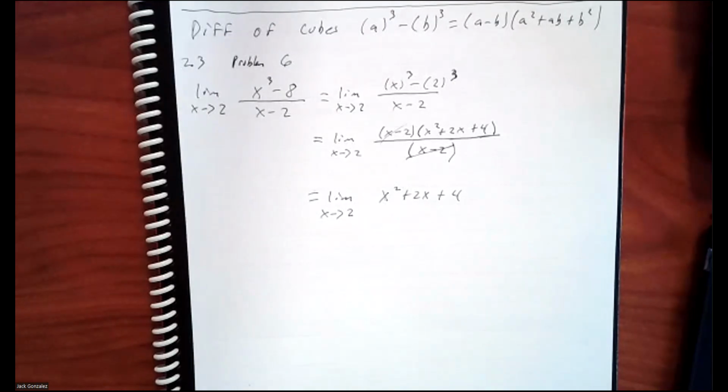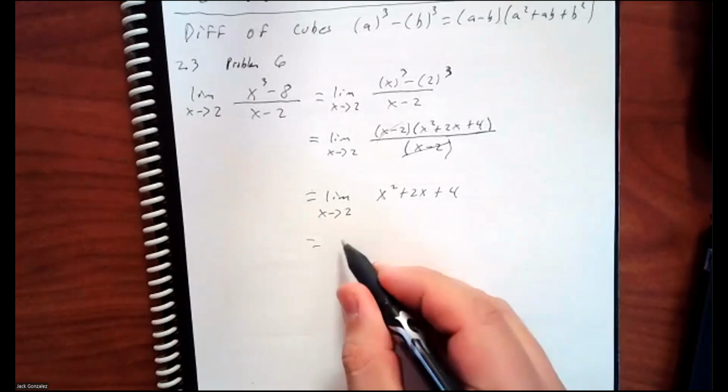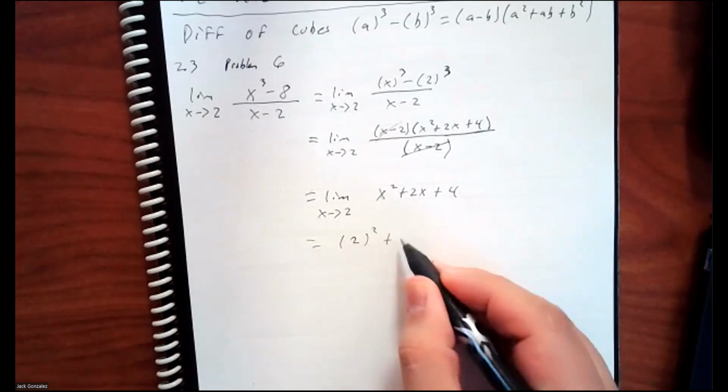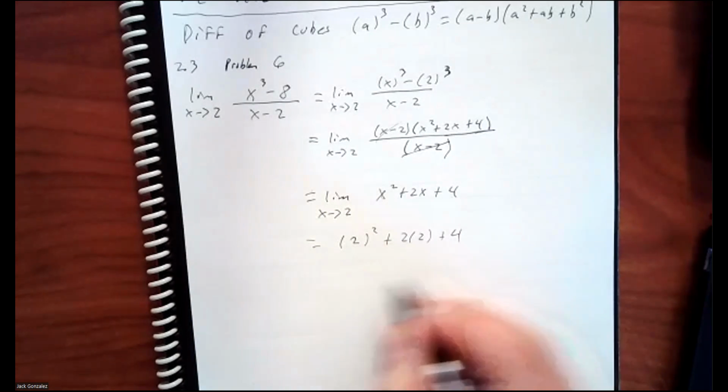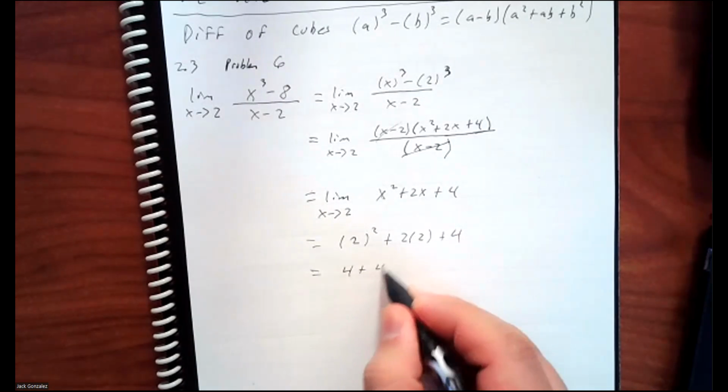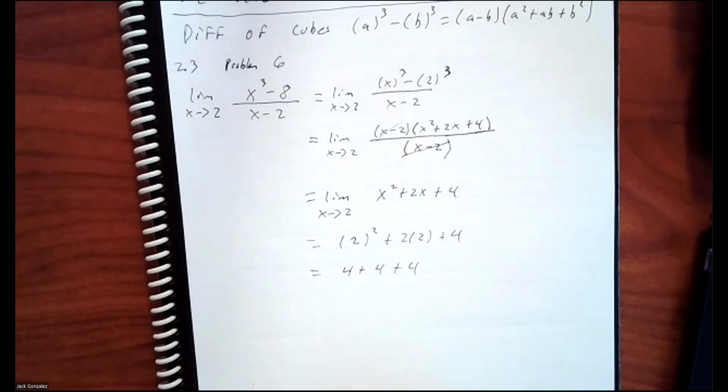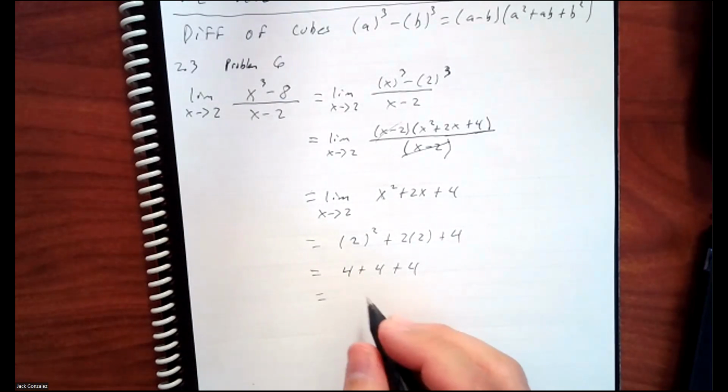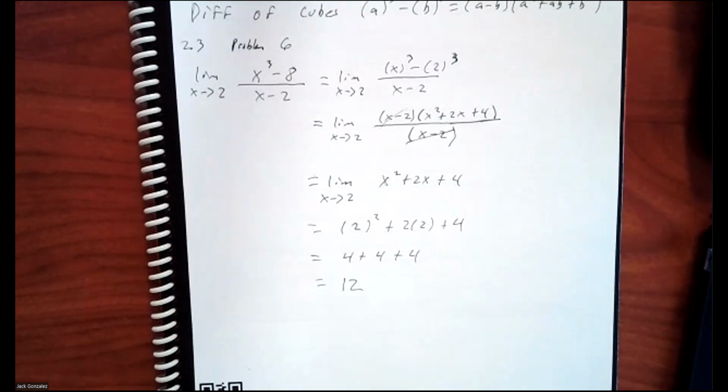So let's plug it in. We now are able to. So plug in 2. What do we got? It's 4, 4, 4. So the limit is 12, once you remove it.